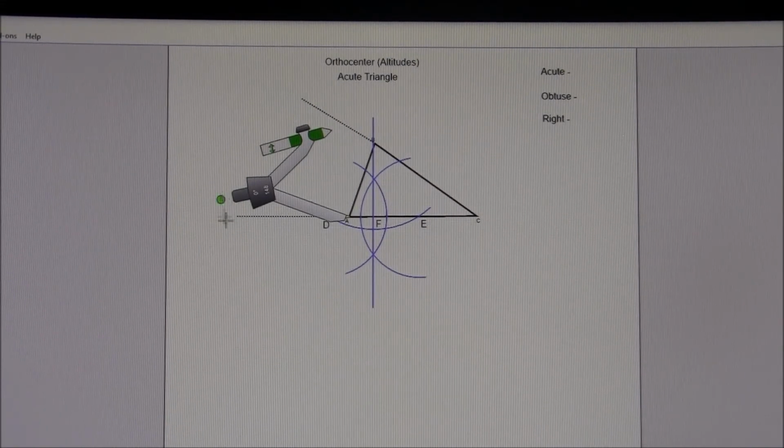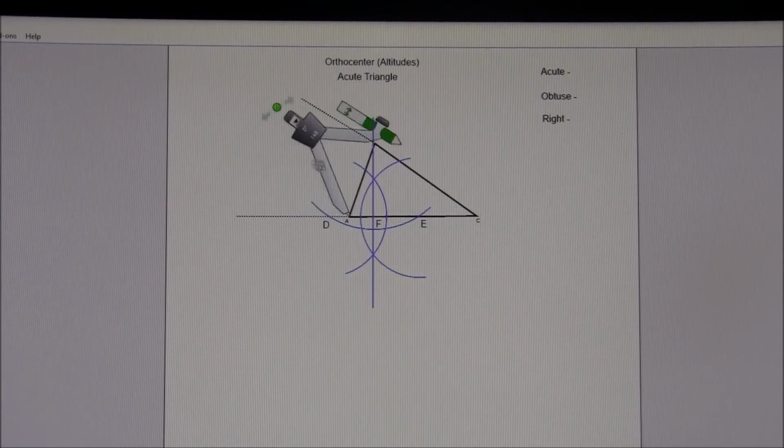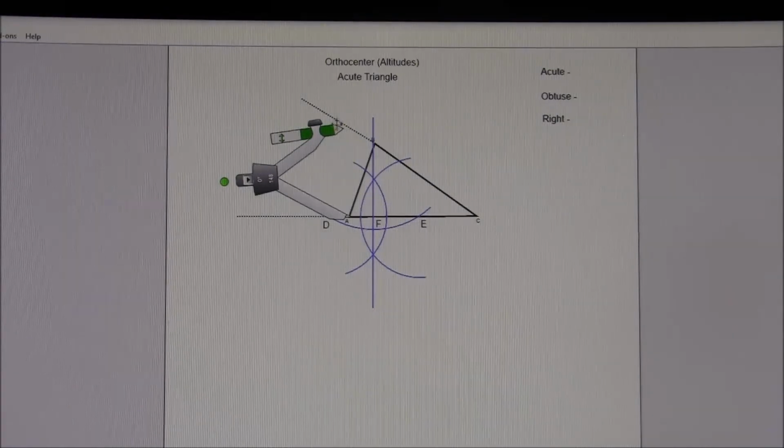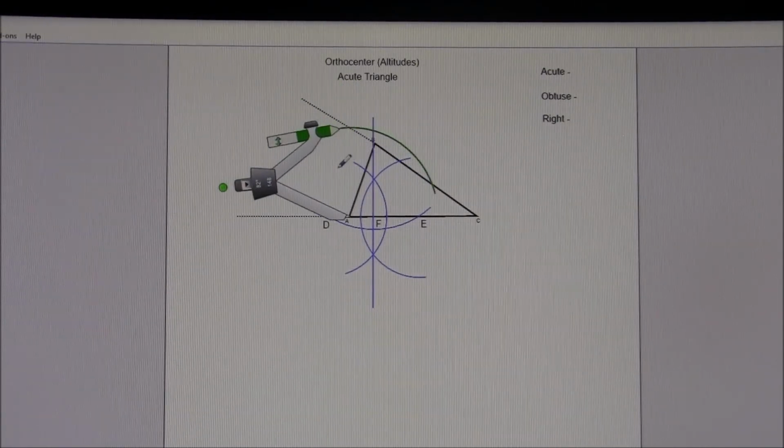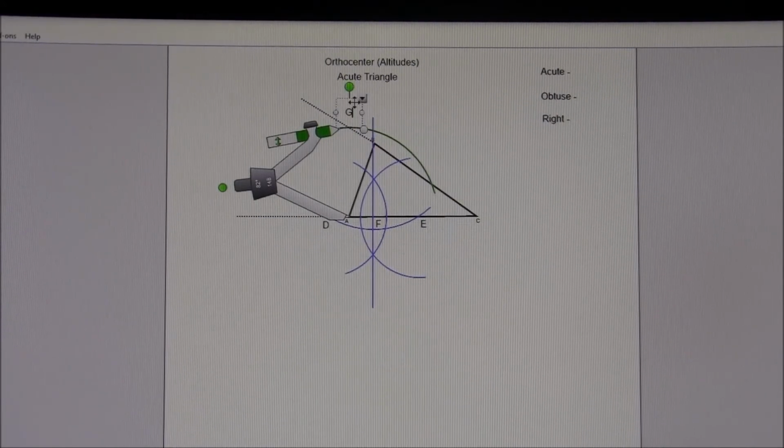Alright. So now I can create that segment. You see now I have these 2 endpoints here. Let's call this G and H. And I got to bisect line segment GH.